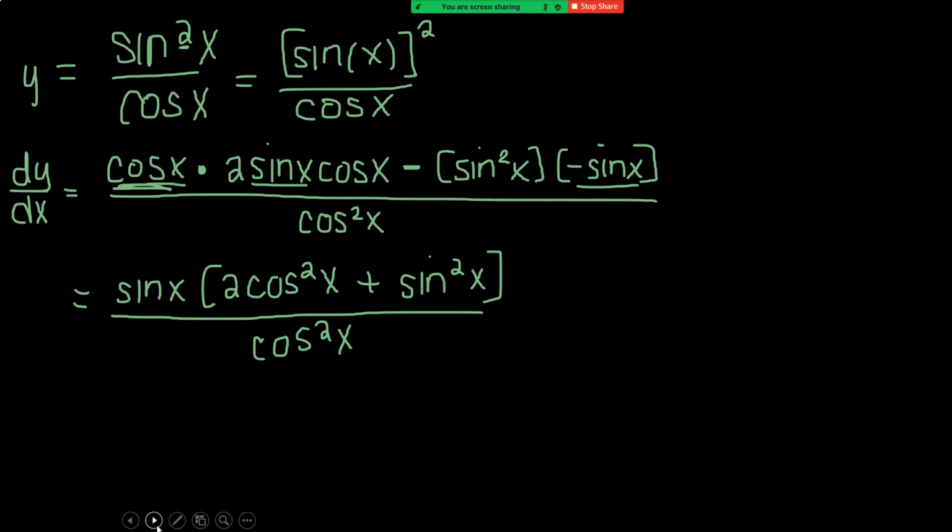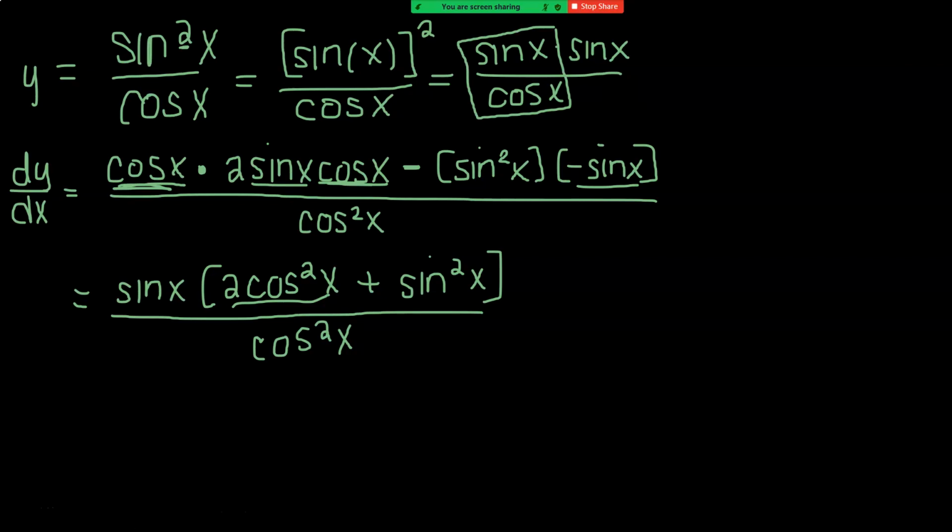This one multiplied by this one to give me this. Now, if you're not a big product or quotient rule fan, what other way could I have rewritten sine squared over cosine x? What is sine over cosine?